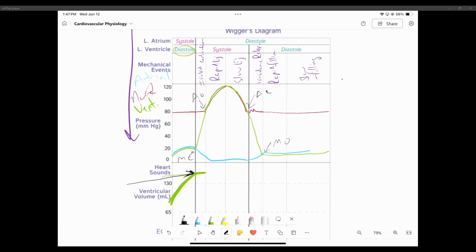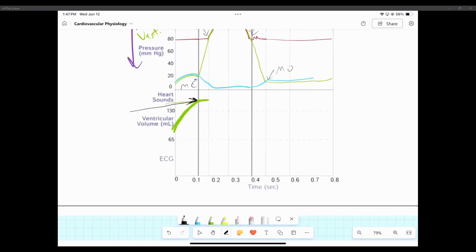What point is that right there, where that black line is? End diastolic volume. This is the volume at the end of diastole. And look at the graph. We're at the end of diastole, so that is your end diastolic volume right there. That makes sense? Everyone understand?